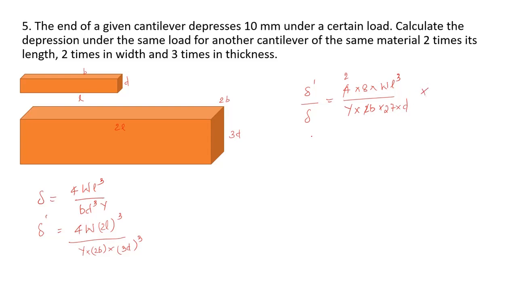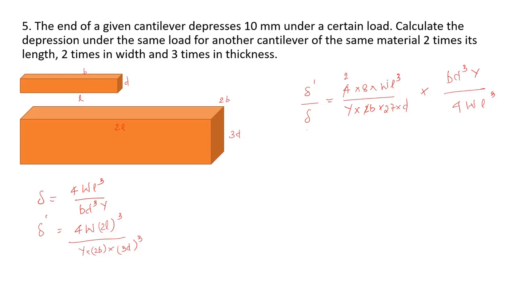And in case of delta, taking the reverse, it is b d cube Y divided by 4 W L cube.